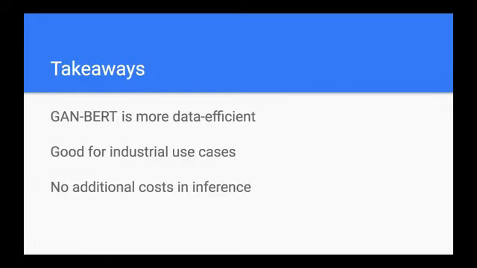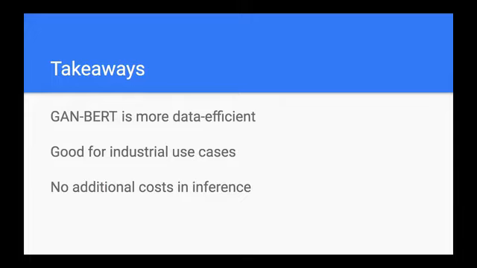And the takeaway for today is that the GAN-BERT model is very data efficient. It does a very good job in the low resource setting. It's really good for industrial use cases because, like I always emphasize, we don't have that many labeled data in the real world. Most data sets are unlabeled.